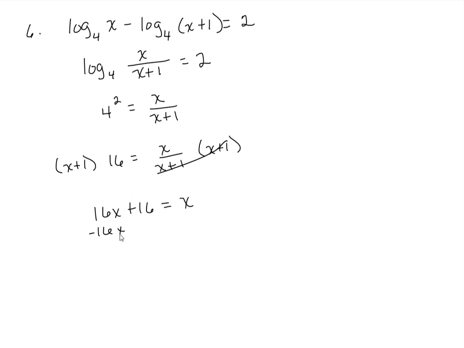So subtract 16x from both sides of the equation. 16 equals negative 15x. Divide both sides by negative 15. And that's going to cancel, so x is negative 16/15.